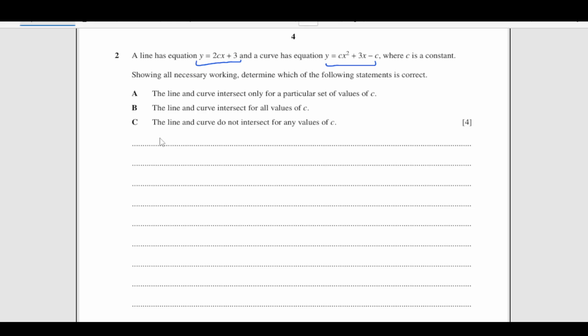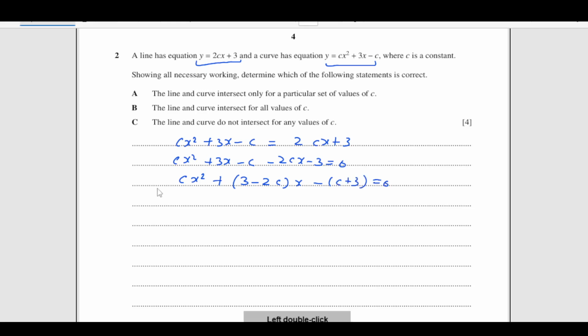So we will have here cx squared plus 3x minus c equal to 2cx plus 3. Now let's rearrange that: cx squared plus 3x minus c, so minus 2cx minus 3 equals 0. So this is a quadratic actually, so this is going to be cx squared plus (3 minus 2c)x minus (c plus 3).